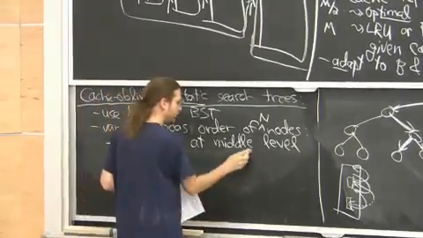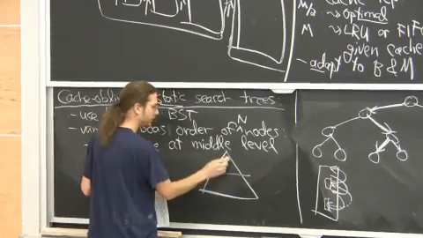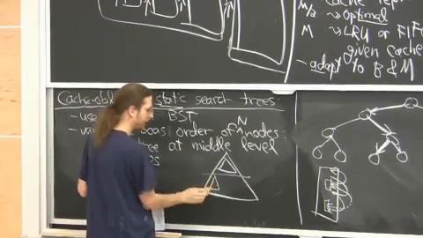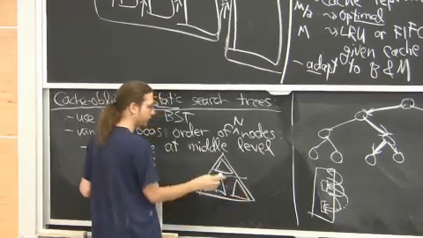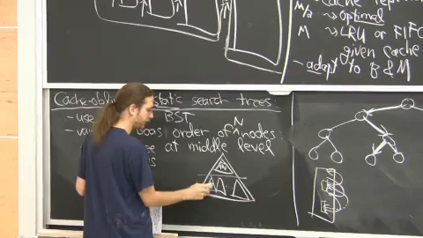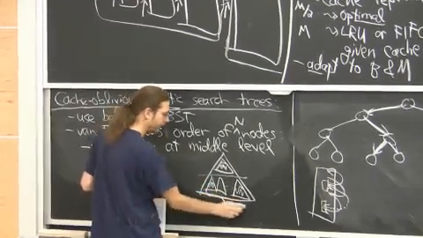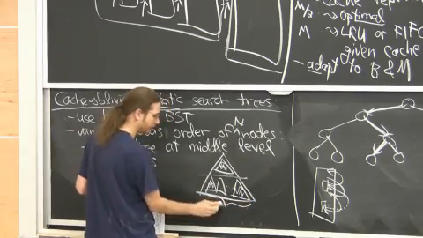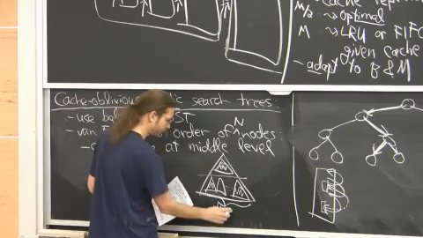So if we have a tree like this, we divide in the middle, which leaves us with the top part and many bottom parts. There's going to be about square root of n nodes in each of these little triangles, roughly speaking. The number of triangles down here is going to be roughly square root of n.